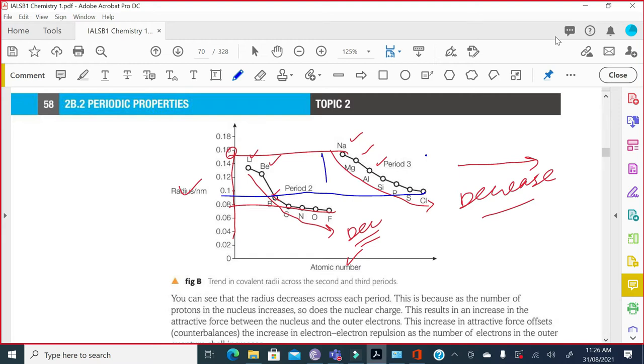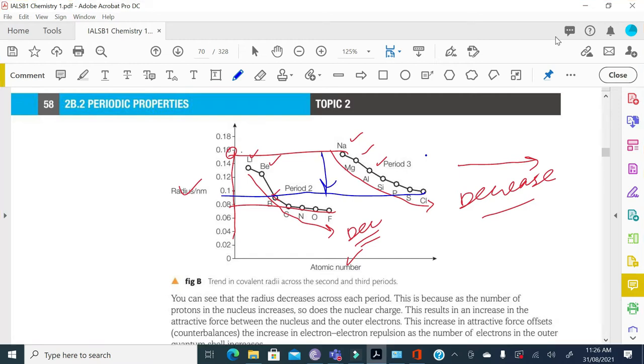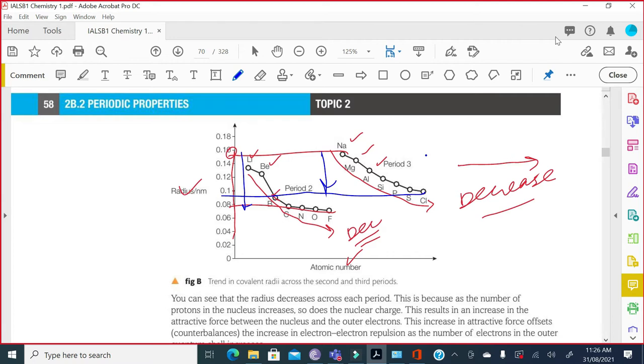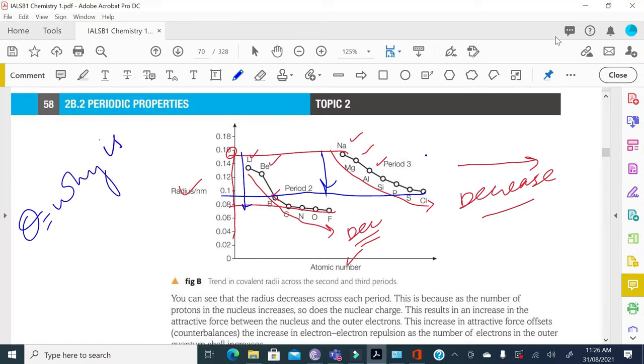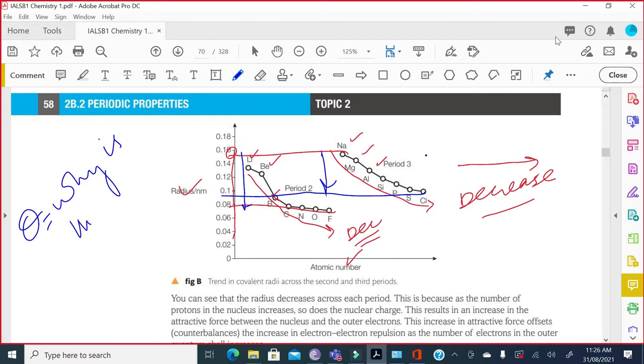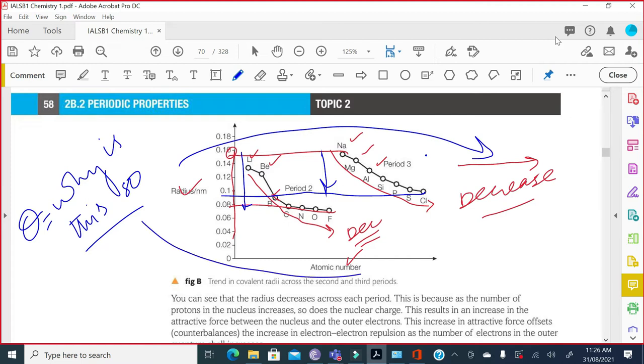So there is a decrease and there is a decrease. Do you have any question? Question will be, why is this so? Whether across the period or even down the group. Okay. So why is there a decrease in it across the period?